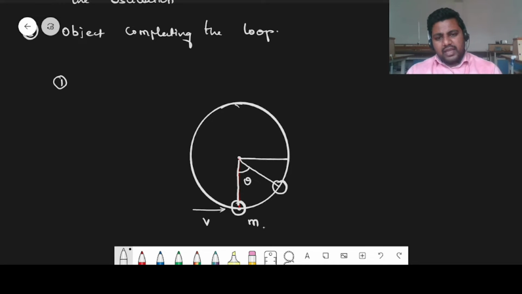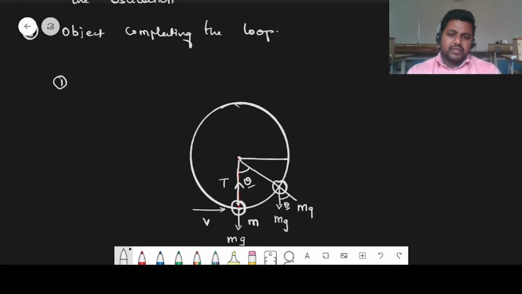Now to analyze anything in this condition, we have to draw the free body diagram. Tension will always be in the upward direction here, and mg will be acting vertically downwards. If you resolve it into components, this angle will also be theta since alternate angles are equal.